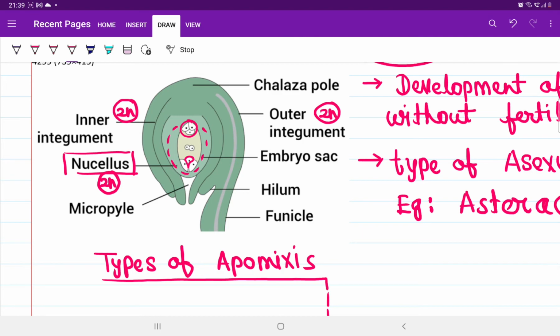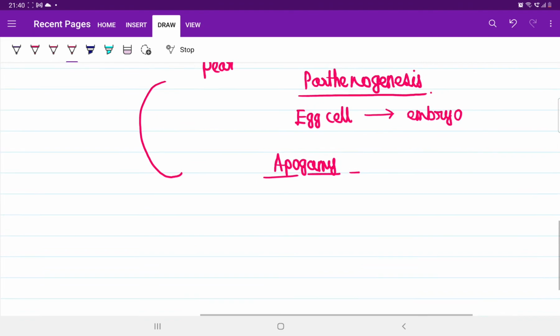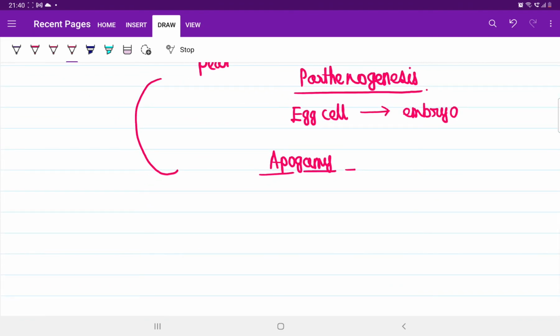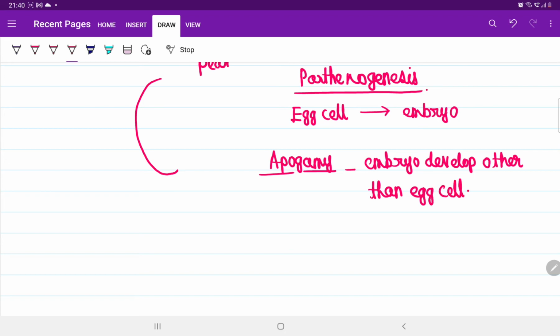Embryo develops other than from the egg cell.